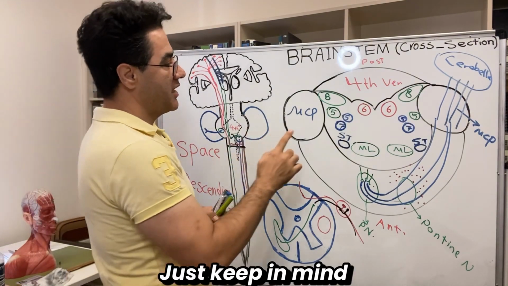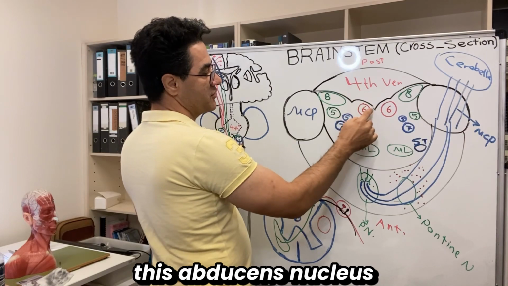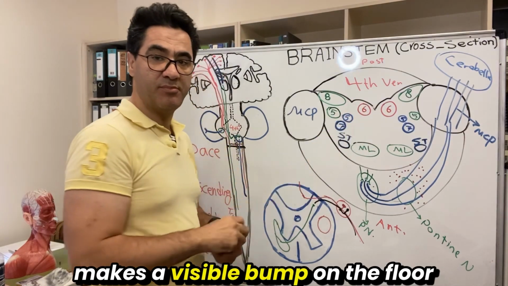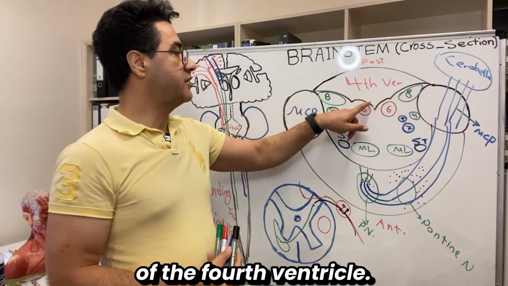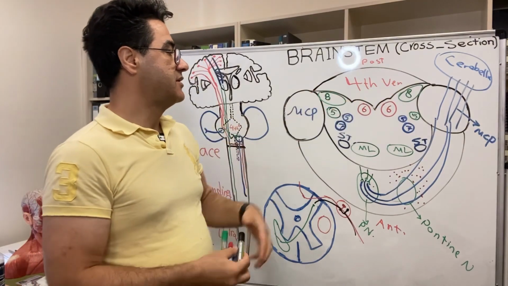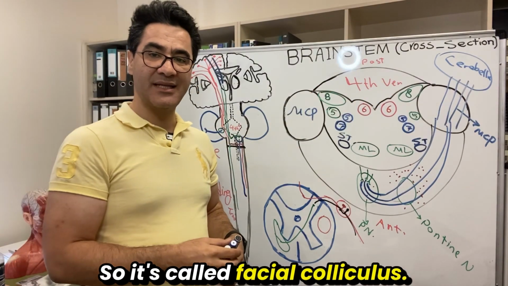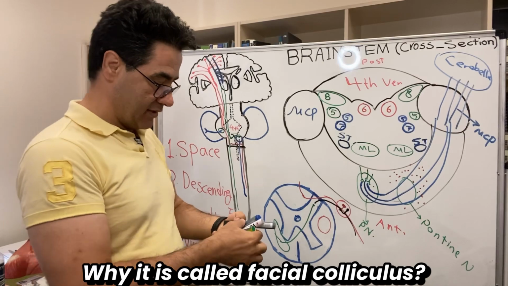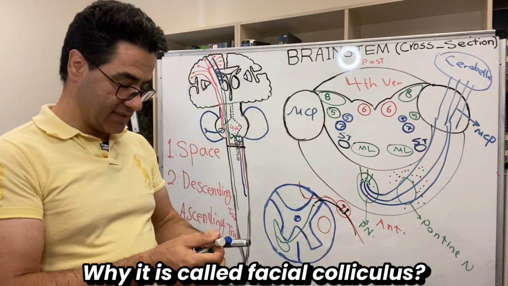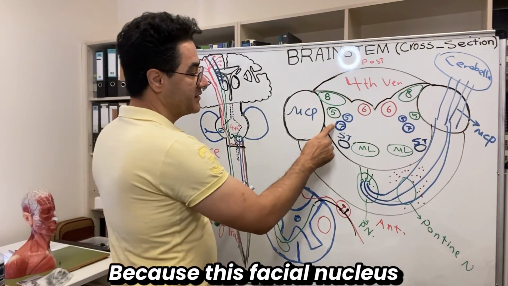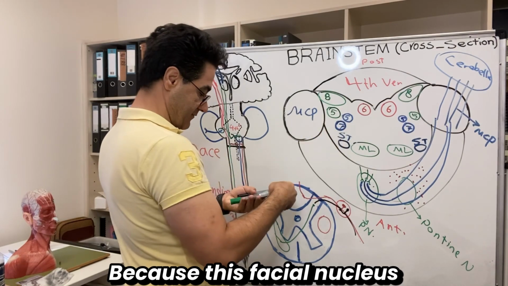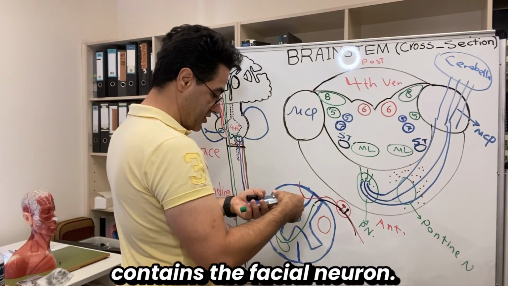Just keep in mind, this abducens nucleus makes a visible bump on the floor of the fourth ventricle. So it's called facial colliculus. Why is it called facial colliculus? Because the facial nucleus contains the facial neurons.